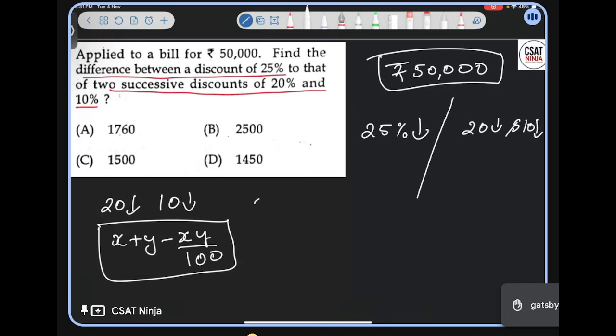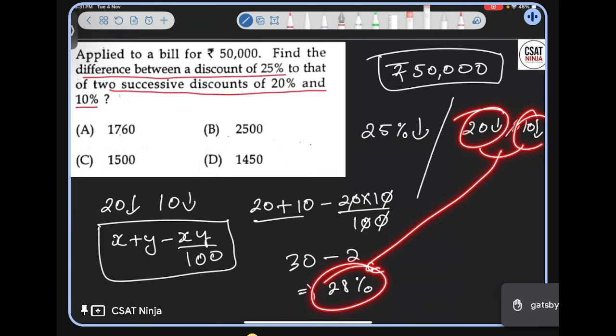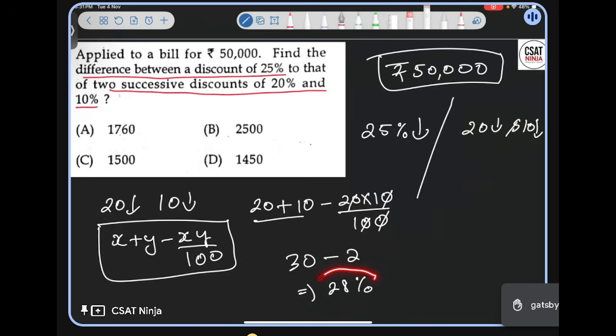So x, I'll assume 20, plus 10, minus 20 into 10 divided by 100. So the zeros cancel. 20 plus 10 is 30, minus 2, which is equal to 28%. So two successive discounts of 20% and 10% give me a discount of 28%.